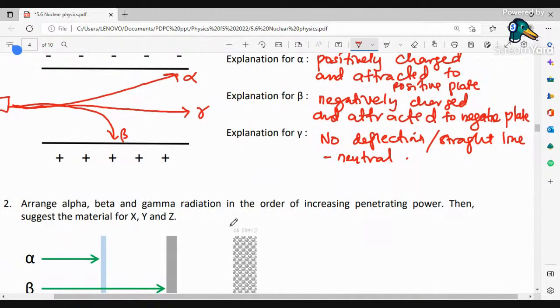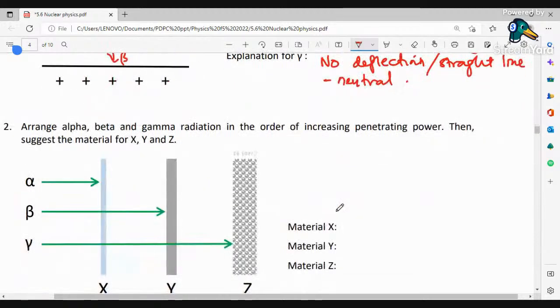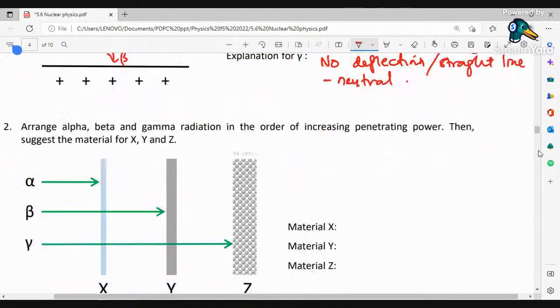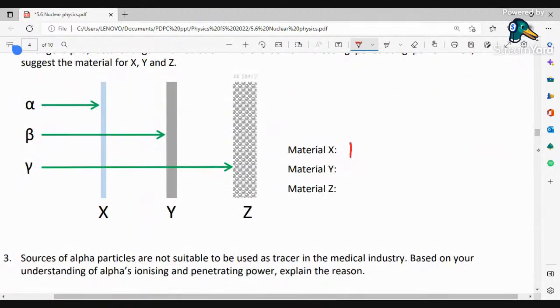Okay, arrange alpha, beta, gamma in order of increasing penetrating power, then suggest material for X, Y, Z. Okay, nampak alpha can be stopped by this material, meaning paper lah. Okay, X is paper, piece of paper.